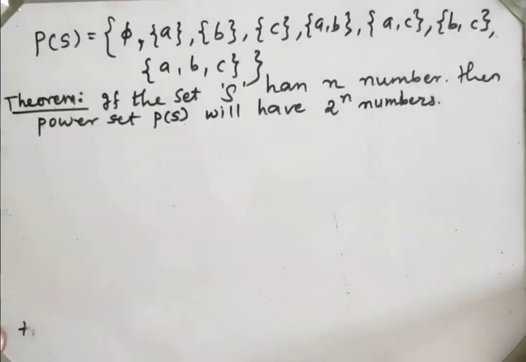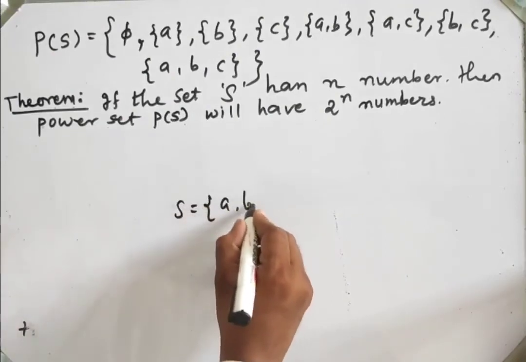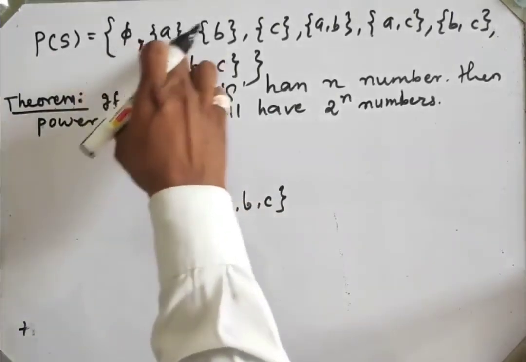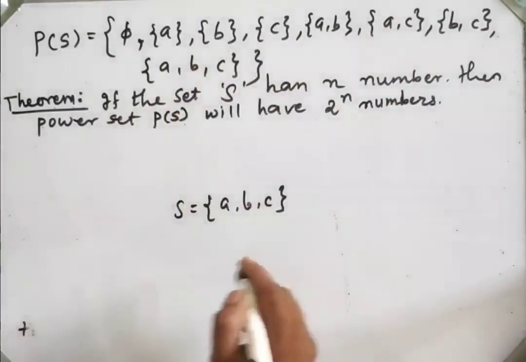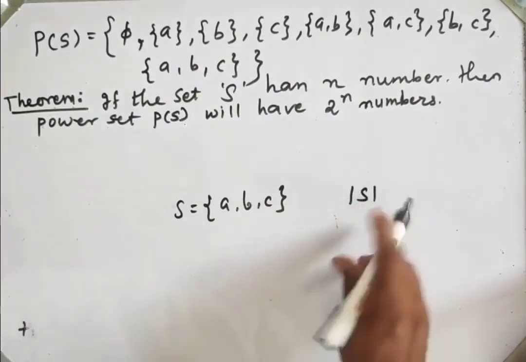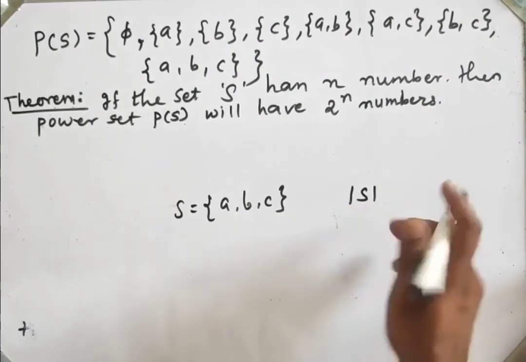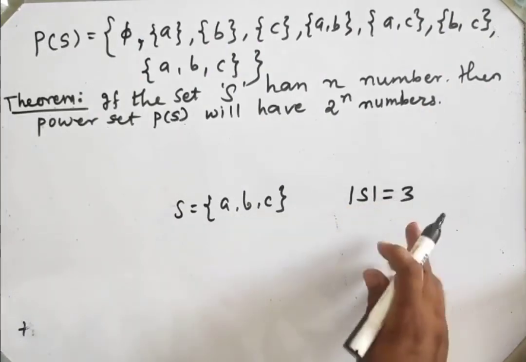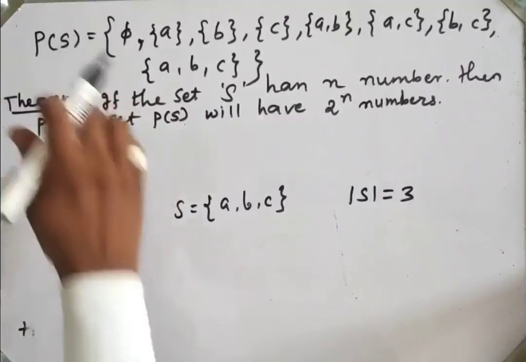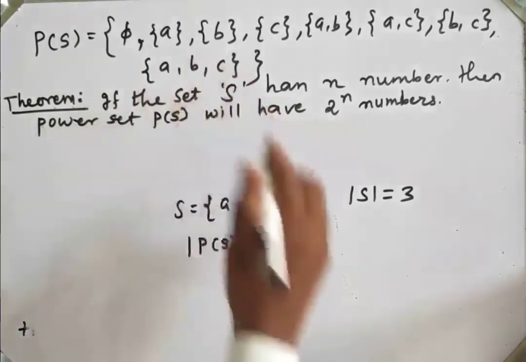So in the previous example we have seen that set S has elements A, B, C, and its power set has how many subsets? 1, 2, 3, 4, 5, 6, 7 and 8. So yes, the cardinality, denoted by the notation mod of S, means the number of elements in set S. S has three letters, so the cardinality of S is 3, and its power set has cardinality 8.